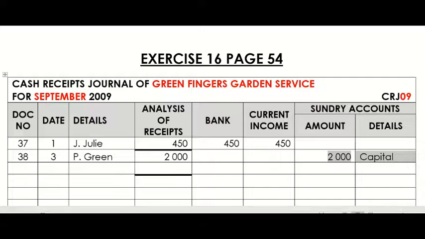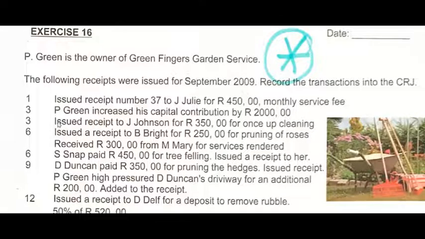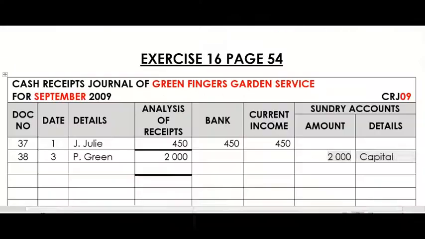Then the next transaction on the 3rd was that we issued a receipt to J. Johnson for 350 Rand for once up cleaning, which is a service. Okay, they didn't say what the receipt number is, but we know it's the next receipt number, number 39. We don't write the 3rd again in this block because it's still on the same day. The customer's details is J. Johnson. He paid us 350 Rand, and now this is the last transaction for the day.